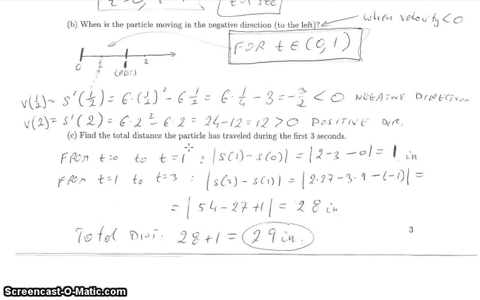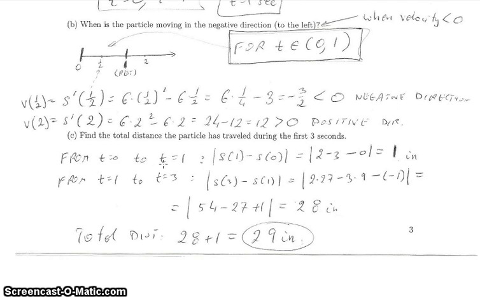Part C. Find the total distance the particle has traveled during the first 3 seconds. First I have to figure out how far it moved from the position where it was at time 0 until it rested at time equals 1, and then find out how far it went from time equals 1 to time equals 3 seconds.